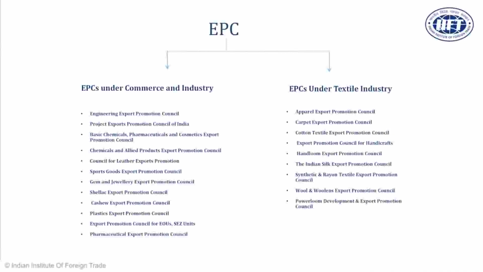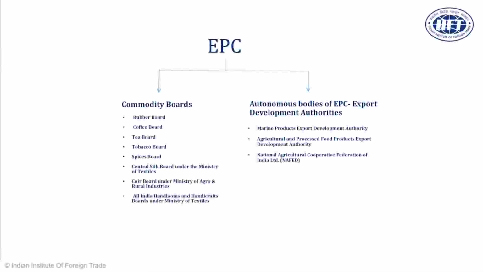When we talk about textiles, we talk about commerce, we should also talk about agriculture. That's a major field. And you see that there are commodity boards which are promoting agricultural products, plantation products like rubber, coffee, tea, tobacco, spices. These are the commodity boards which are under different ministries like Commerce and the Department of Agriculture, and not only them, big institutes like MPEDA. MPEDA is the Marine Products Development Authority.